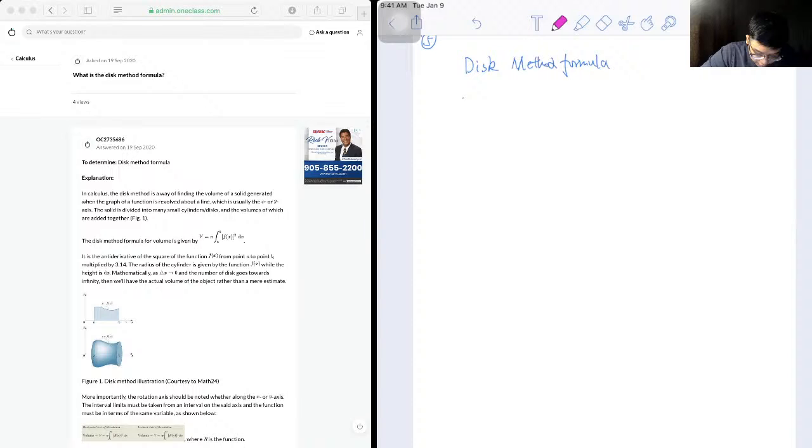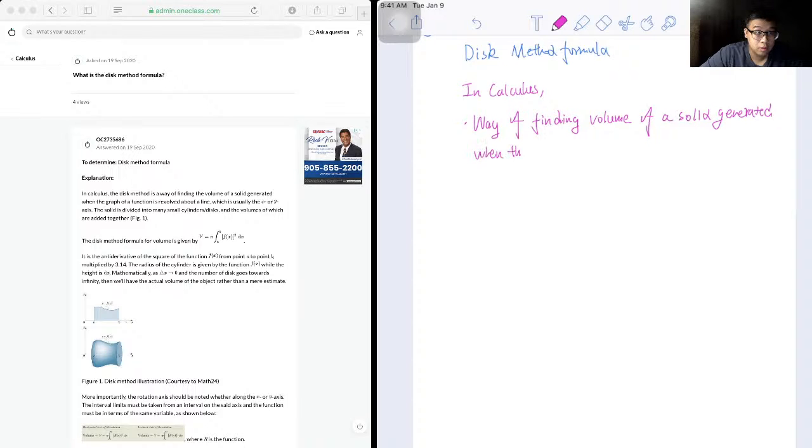So in calculus, the disk method is a way of finding the volume of a solid of revolution, when the graph of a function is revolved, and then the solid is divided into many small cylinders, or we say disks, and the volumes of which are added together.